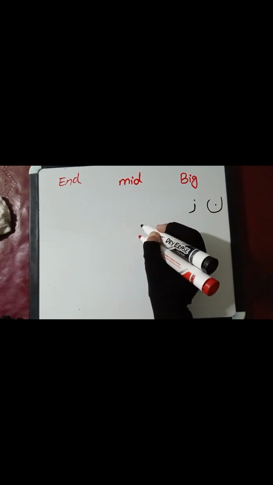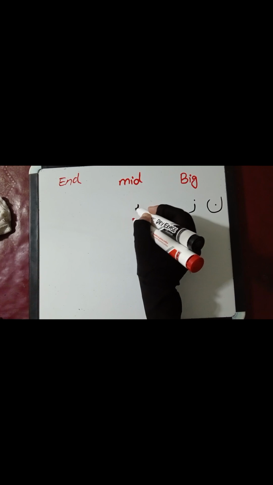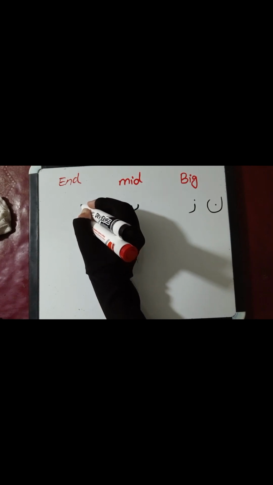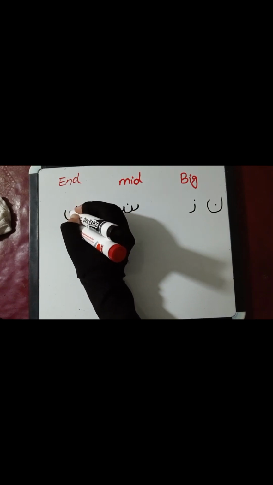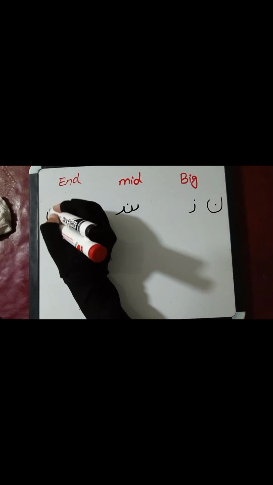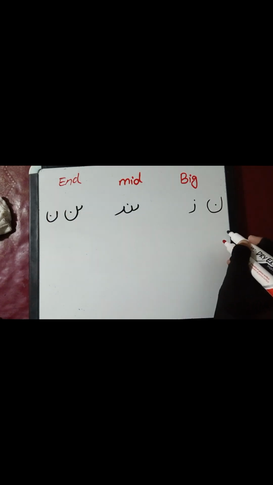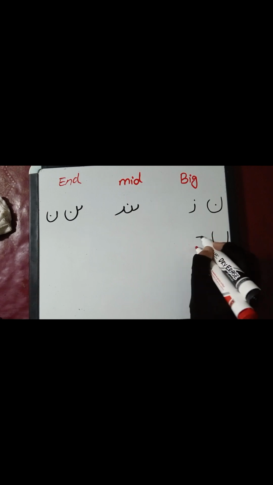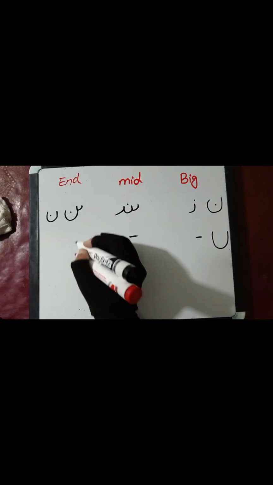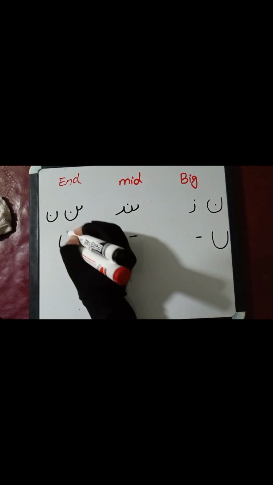Noon, the beginning shape, in the middle with two connectors, in the end sometimes with one connector and sometimes without connector. Noon Ghunna, it has no beginning shape, no middle shape, it always comes in the end, sometimes without connector and sometimes with connector.